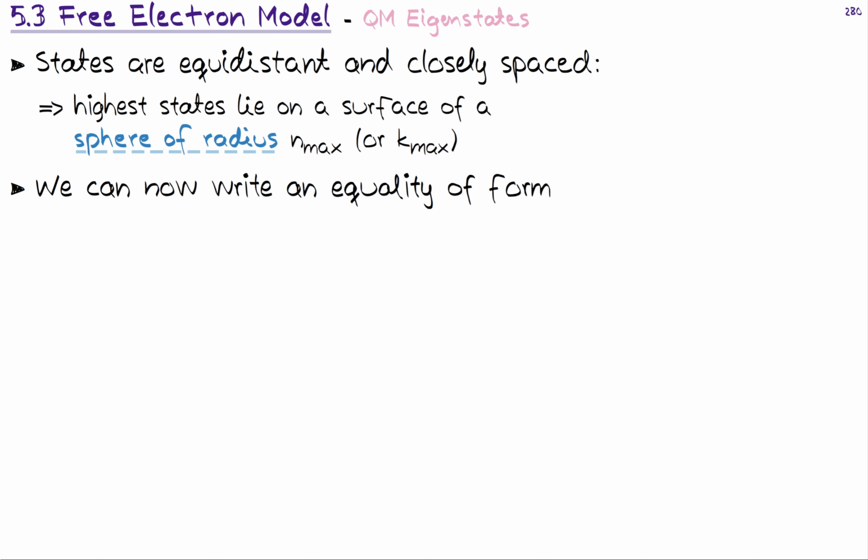And we can calculate this by forming an equality, that the number of energy states, N over 2, must fit inside a sphere of 4 over 3 times pi times n max cubed. So essentially, inside a sphere, we must have an equality: N divided by 2 must be equal to the size of the sphere.